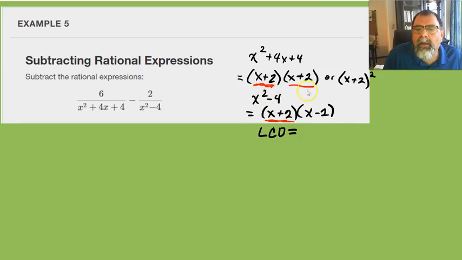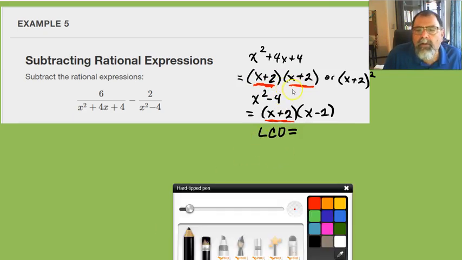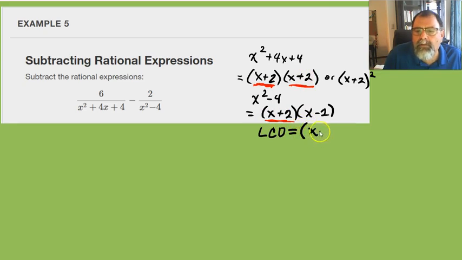So I need the greatest number of times a factor occurs in one of the factorization lists. So x plus 2 happens twice in the first one, once in the second one, so I need 2 of them.